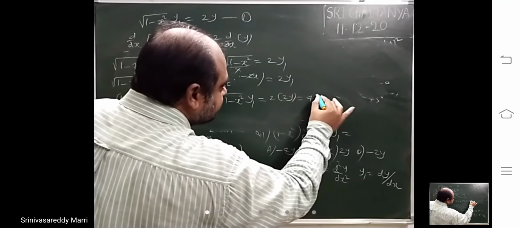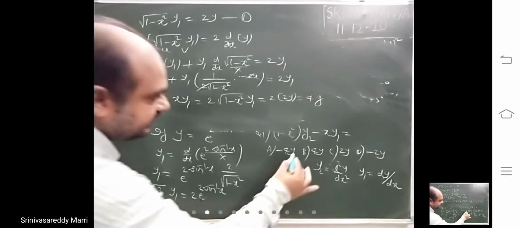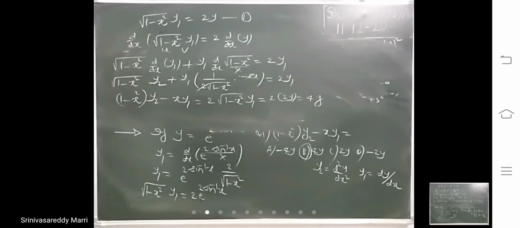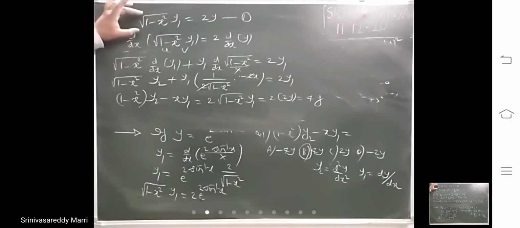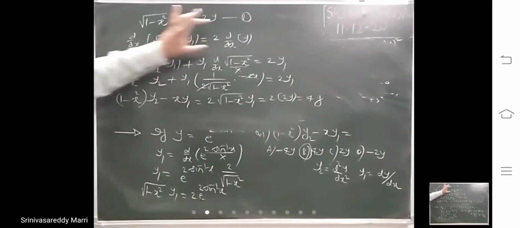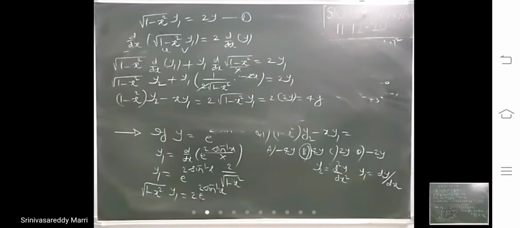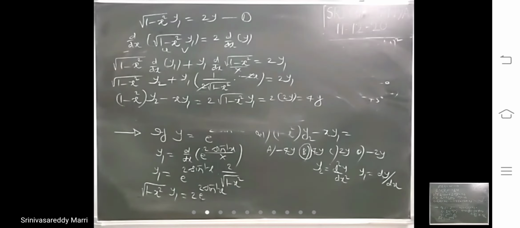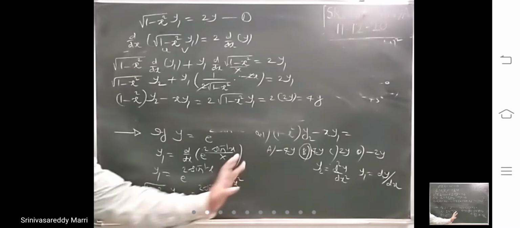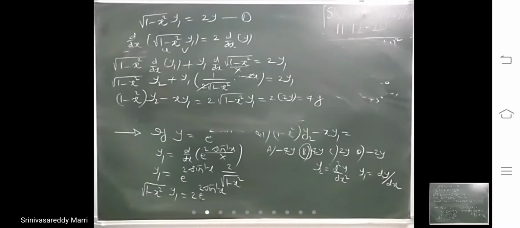That means your answer is 4y. Directly after doing the first derivative, he is asking for the second derivative. That's why form the equation in first derivative and then differentiate that equation on both sides with respect to x. Then you will get the required one. If you take y1 like this and then calculate y2 and substitute, that will be difficult.